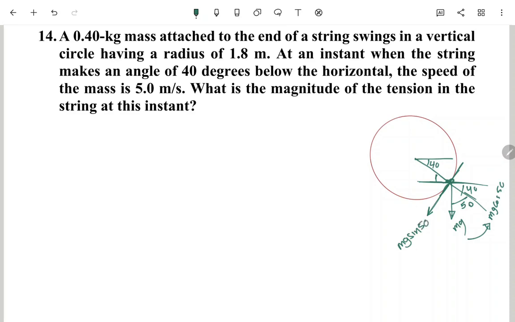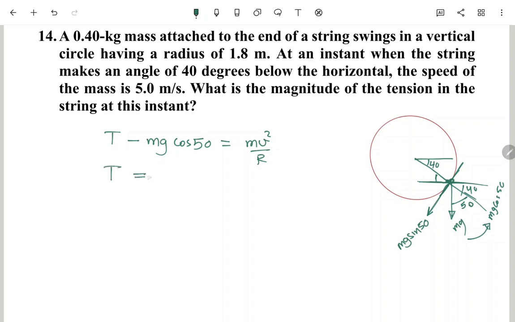Now in this case here, tension minus mg cosine 50 equal to mv square over r.